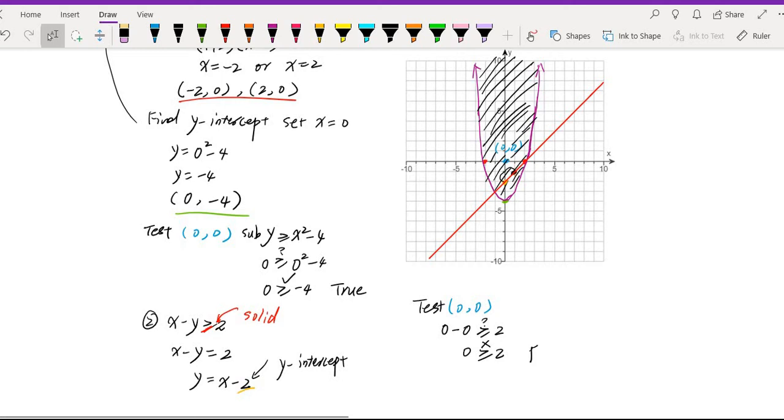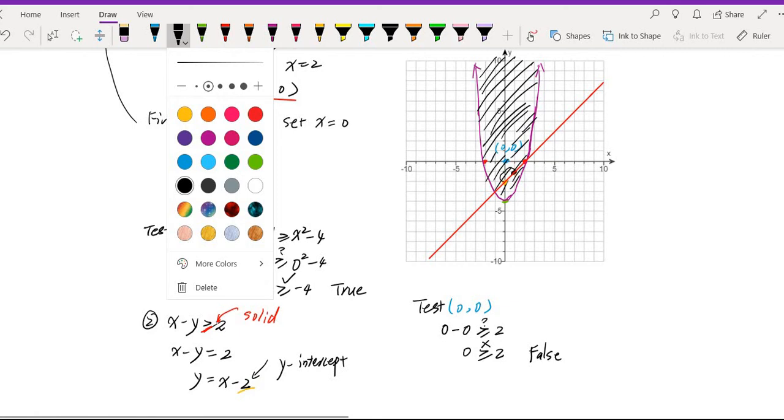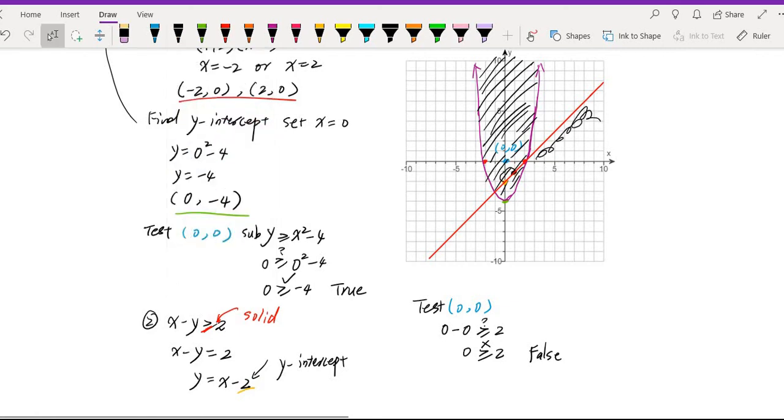That will be false, which means we're going to shade the other side. Again, you have to imagine the problem is not there and only the lines are there. So the other side will be something like this. It doesn't really matter what you use.